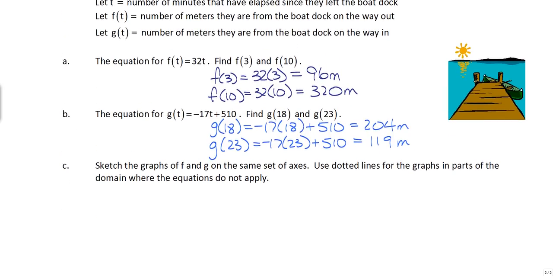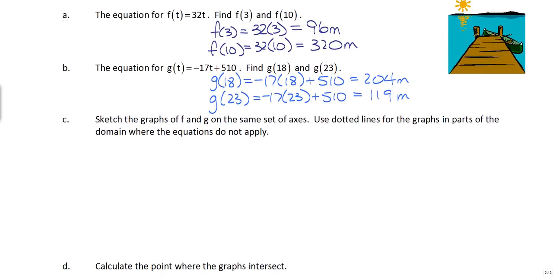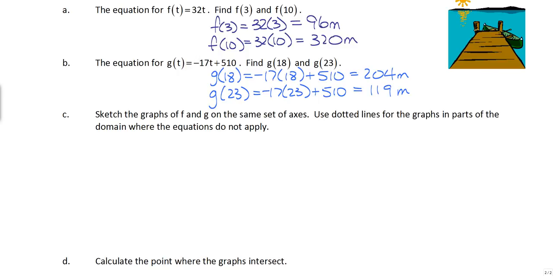Okay? So we're going to sketch a graph of what these look like, but we're just going to do a little sketch. This is just a simple little sketch. We're not going to get fancy yet. So, of course, our x-axis is our time away, and our y-axis is our distance away from the dock.